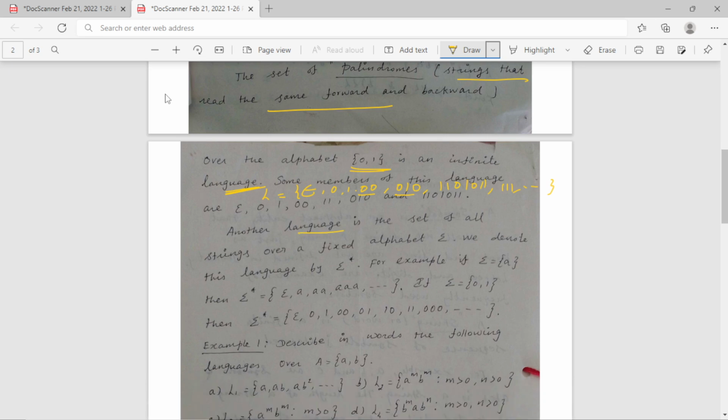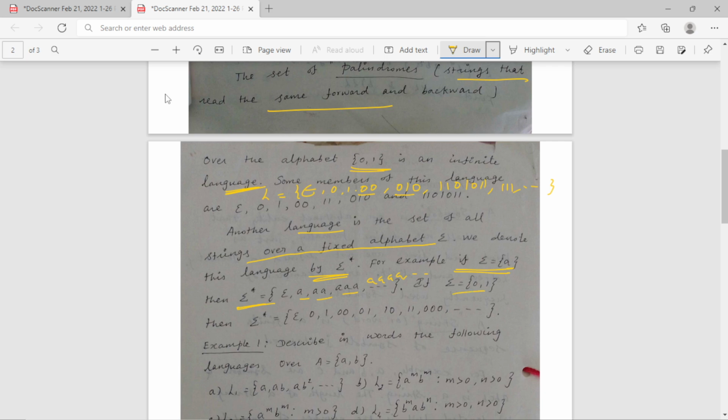Another language is the set of all strings over a fixed alphabet sigma. We denote this language by sigma star. For example, if sigma consists of the symbol a alone, then sigma star is equal to the set of strings epsilon, a, aa, aaa, aaaa, and so on. This is also an infinite language.